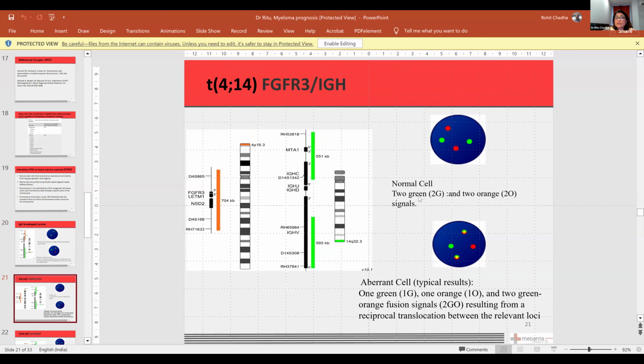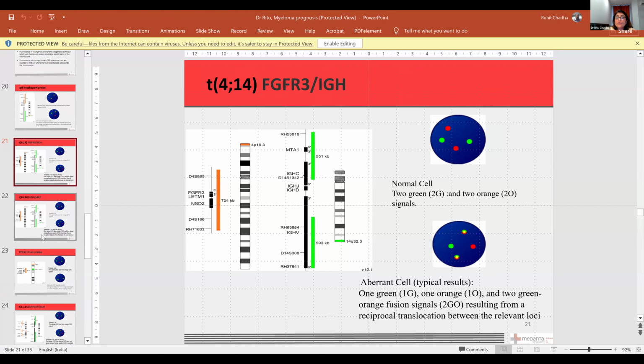Then the t(4;14) translocation uses a dual color probe, where the orange fluorochrome is bound to 4p on the P arm of the fourth chromosome, and the green fluorochrome is bound to the Q arm of the 14th chromosome. So there will be four signals in a normal cell. However, two fusions with one single orange and one green will tell you about the underlying translocation.